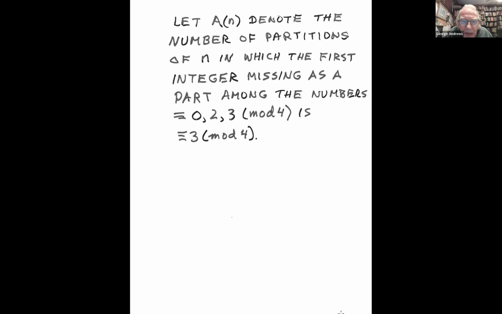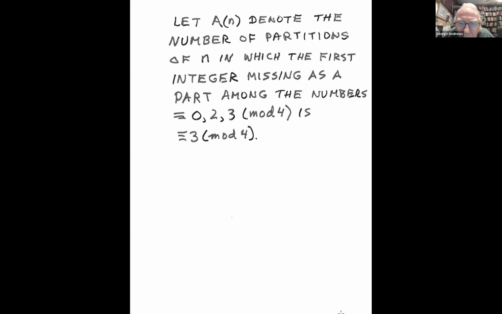And this will be relating to these last functions that we saw. Let A of n denote the number of partitions of n in which the first integer missing as a part among the numbers congruent to 0, 2, or 3 mod 4 is congruent to 3 mod 4. So this is like the MEX, the missing excludant, except that we don't pay any attention to numbers congruent to 1 mod 4.